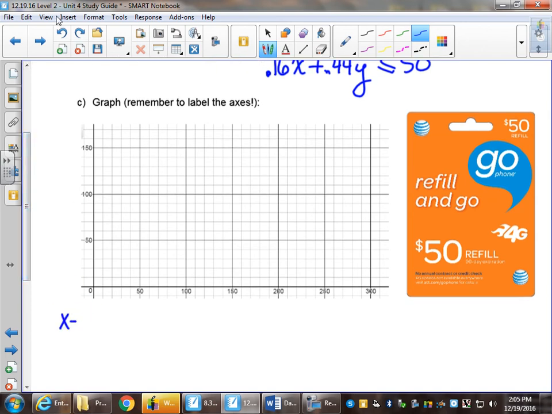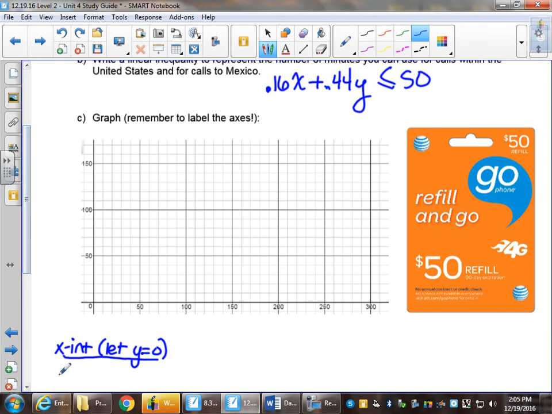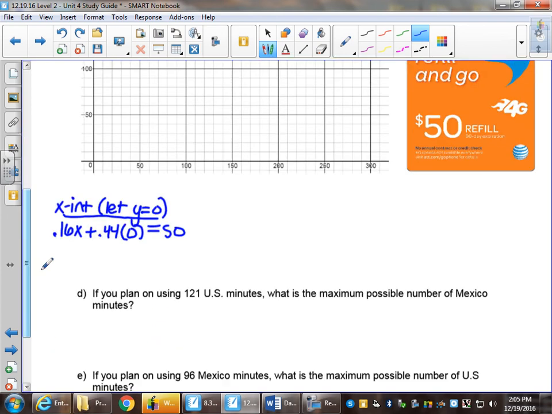X-intercepts. Leave space to put a label, so move down a little bit. X-intercept, let y equal 0. So that will be 0.16x plus 0.44 times 0 equals 50. And now that I have that written down, I will slide this down.